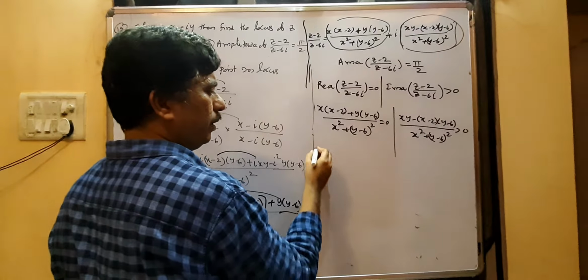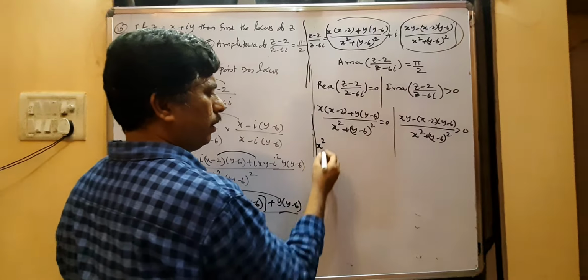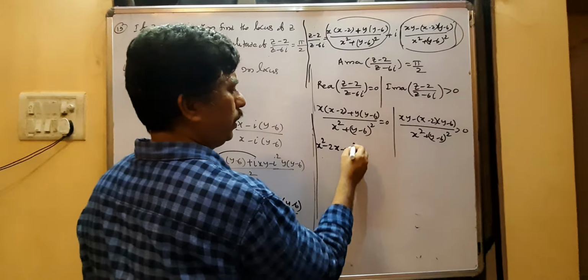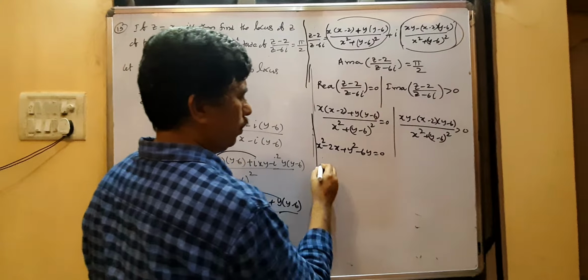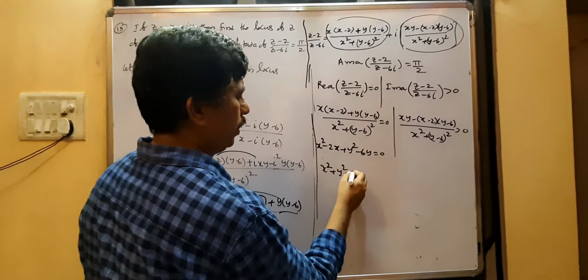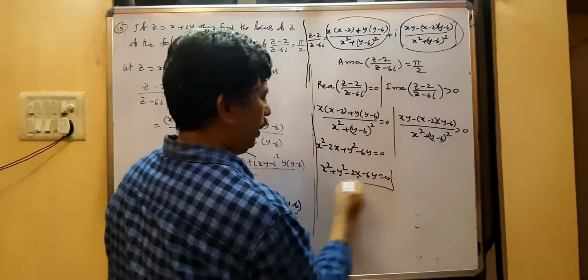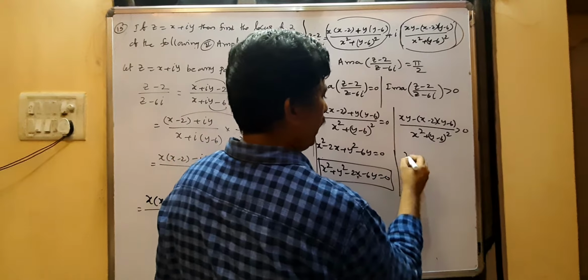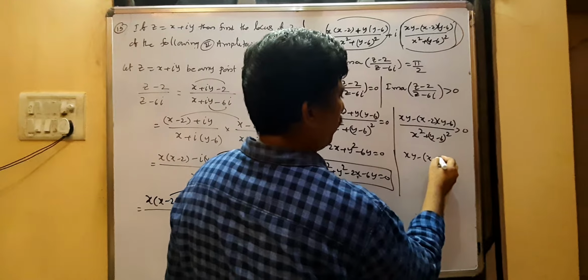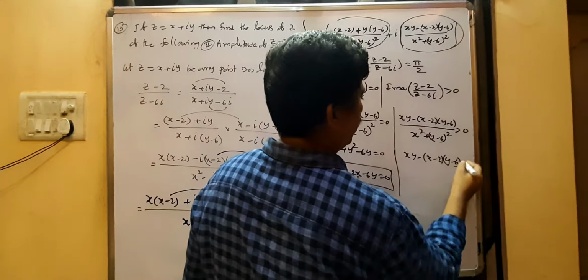Denominator on the right hand side, x square minus 2x plus y square minus 6y equal to 0. x square plus y square minus 2x minus 6y equal to 0. And what is the condition here? xy minus (x minus 2)(y minus 6) greater than 0.